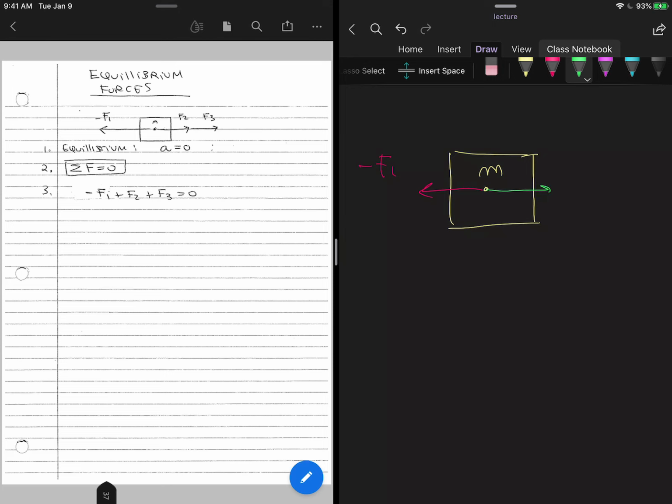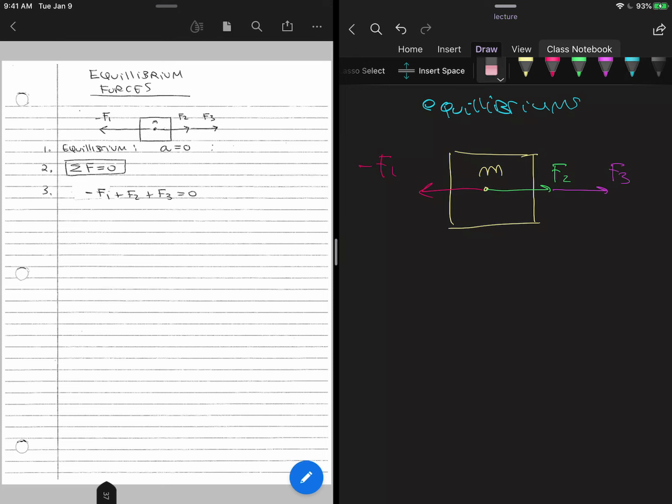And there are two forces pulling it forward, F2 and F3. In order for this system to be balanced, or in equilibrium, however much force you have in one direction has to balance in the opposite direction.